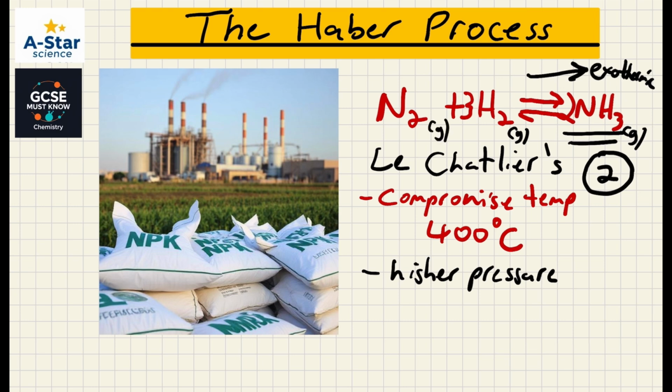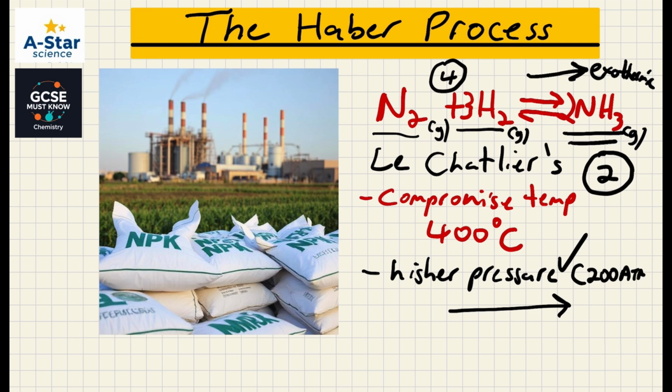But on the left-hand side, there are 4 moles of gas. There's 1 mole of nitrogen and 3 moles of hydrogen. That means with a high pressure, Le Chatelier's principle will move it towards the side of the least moles, which is the right-hand side. So this is something we want for our conditions, the high pressure. You do not need to know this for the exam, but we're going to tell you anyway. The reaction is carried out at about 200 atmospheres, which is 200 times normal pressure at sea level.